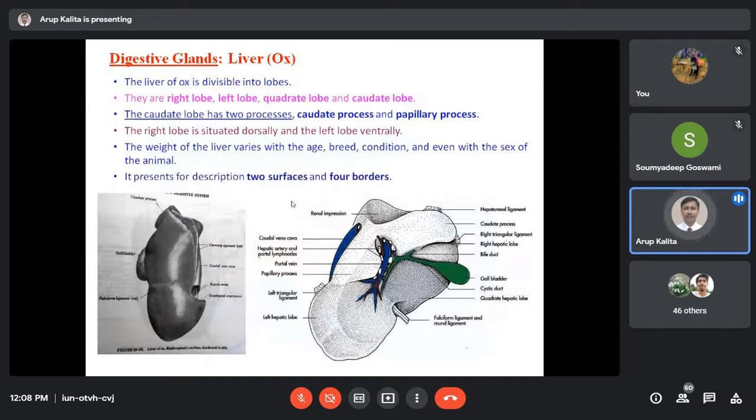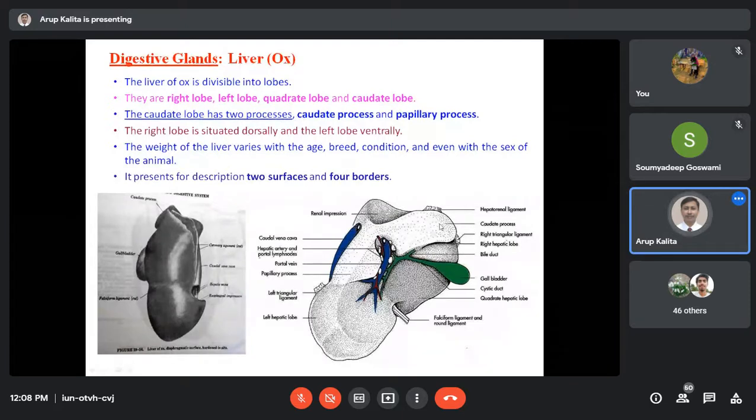Now, the liver is divisible into some lobes. So what are those lobes? In the case of the ox, I am telling now, there are 4 lobes: right lobe, left lobe, quadrate lobe, and caudate lobe. Here you see, this is the right lobe, this is the left lobe, and on this side, this is the quadrate lobe, and this is the caudate lobe.